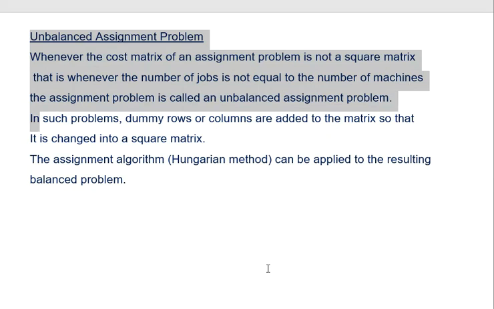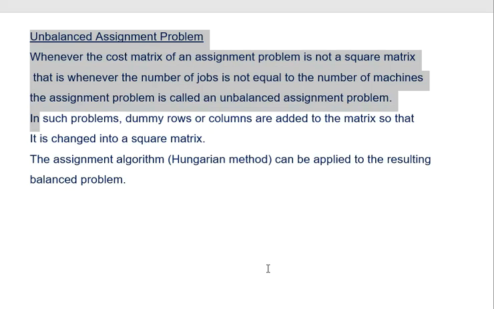So it is not a square matrix. Number of jobs is not equal to number of machines. So we say that it is an unbalanced assignment problem.